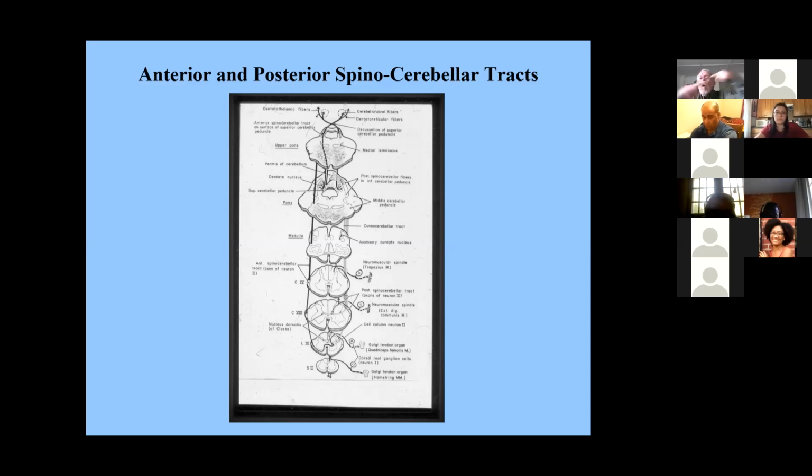So it goes in both directions: from an actual visualization of damage to a symptomatology, or from a symptomatology back to where the particular part of the brain is disrupted. So there we have the anterior and posterior spinocerebellar tracts.